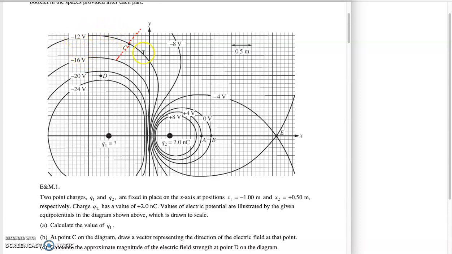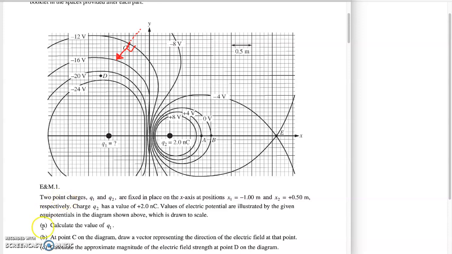So since C is on the 12 volt line, the proton is going to be moving, and therefore the electric field points towards the more negative, and this is going to be perpendicular to the equipotential line. So the electric field is going to point down and to the left.